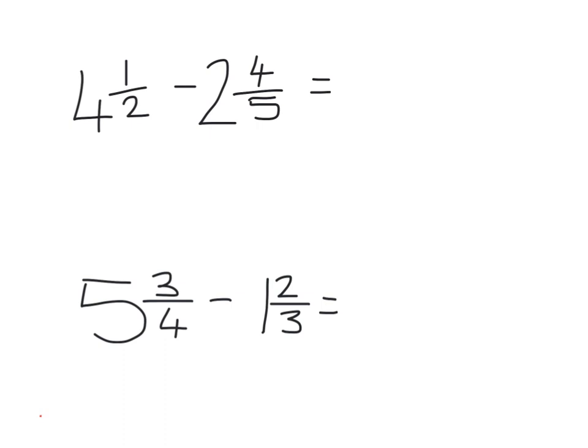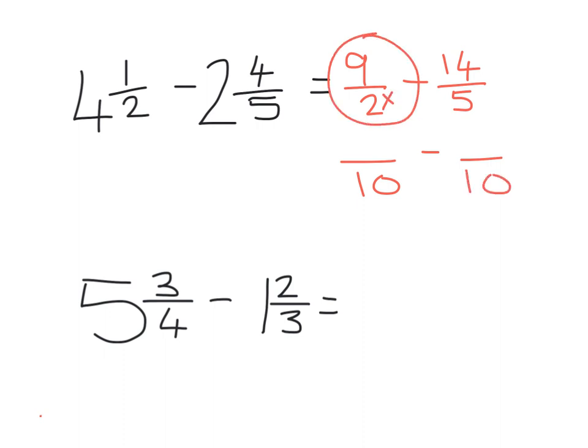So we'll do 4 times 2, add the 1, giving me 9/2. And I'm taking away 2 times 5 is 10, add the 4 is 14/5. I need to make these the same denominator, so I'm going to have 10 as my denominator. Multiply this by 5, so multiply the 9 by 5, that's 45.